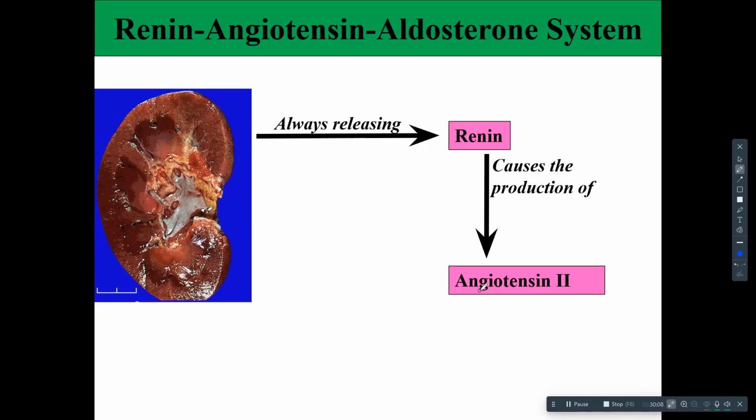This is a beautiful name. Angiotensin. Angio means vessel. Tensin, we're thinking tension, like contraction. So angiotensin II, as its name suggests, no surprise here, is a vasoconstrictor. There's an angiotensin I as well. We'll talk about that later, but not today. Angiotensin II is a vasoconstrictor.